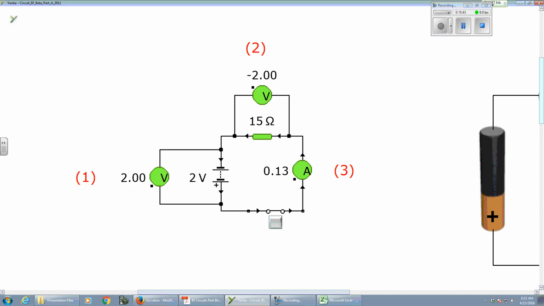So if it's got 2 volts of energy, and the only place it can lose it is the resistor, how much is it going to lose across the resistor? Yeah, and that's why it's negative. Just to keep the idea, and that's something new, that if the battery is giving the electrons energy, the resistor is taking away that energy. And that's why it's negative.